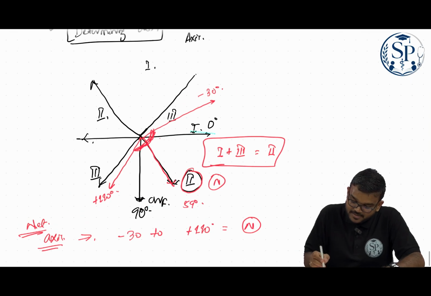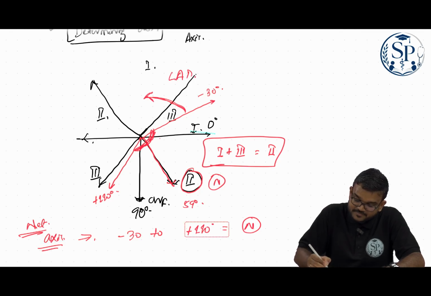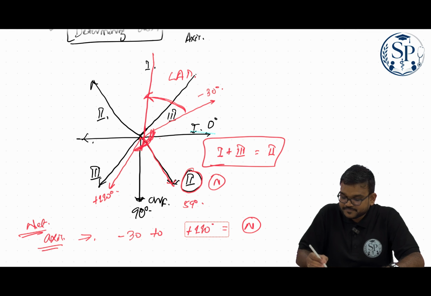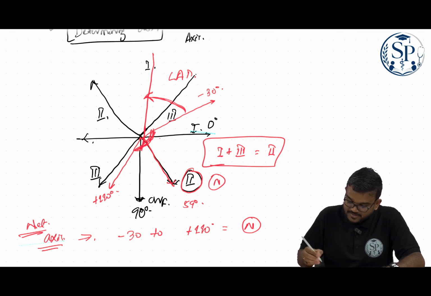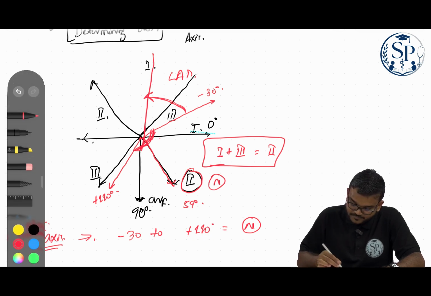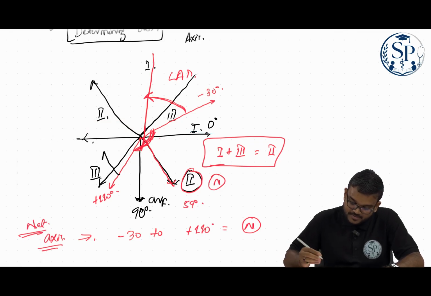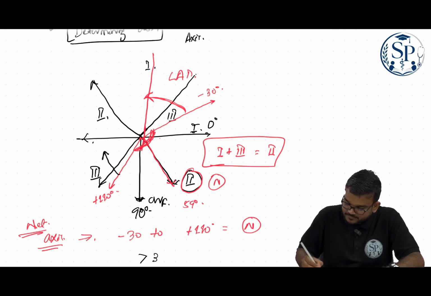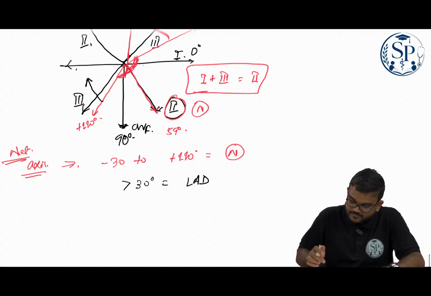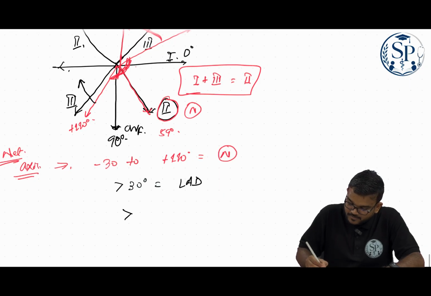If it is beyond minus 30, then it is left axis deviation. If it is beyond 110, then it is right axis deviation.